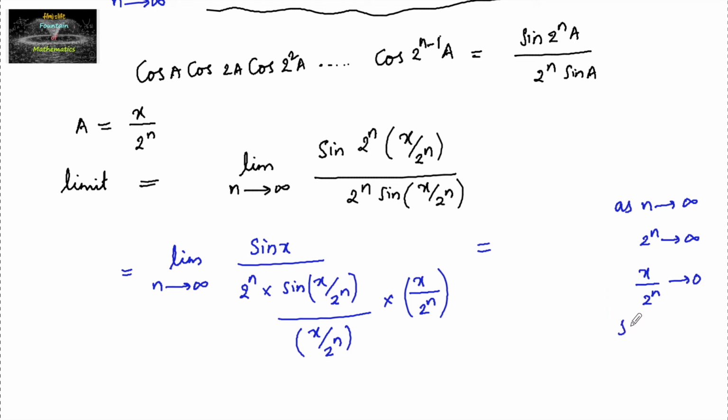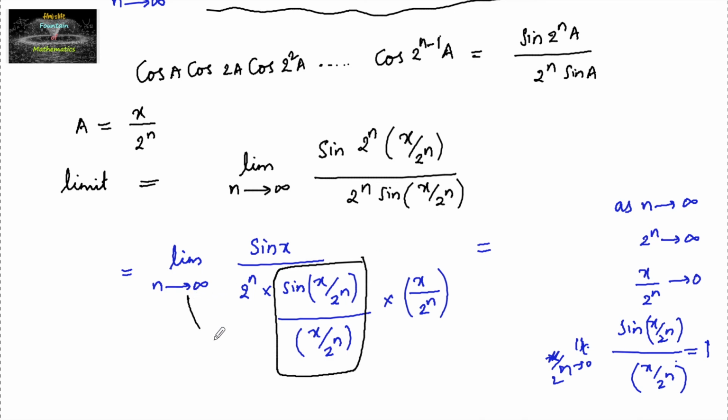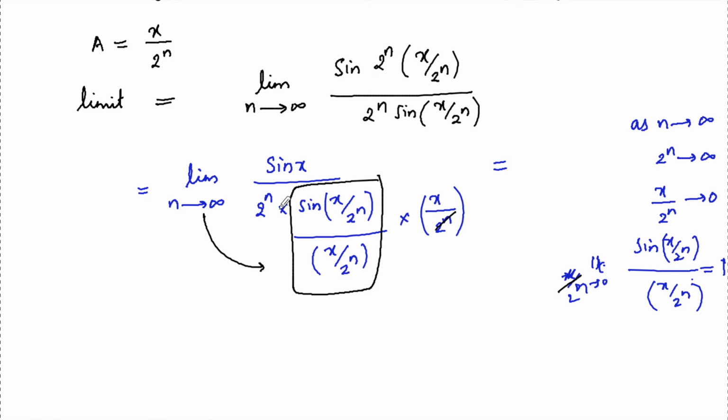So sin x upon 2 power n divided by x upon 2 power n is equal to, as x upon 2 power n tends to 0, the limit of sin of x upon 2 power n divided by x upon 2 power n equal to 1. So this value will become 1 and here 2 power n gets cancelled.